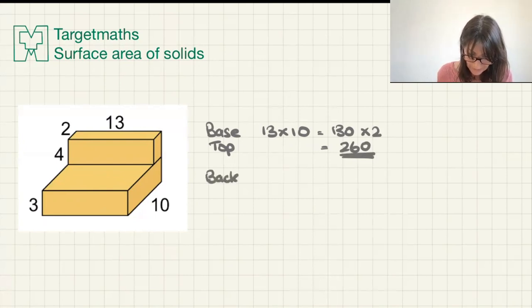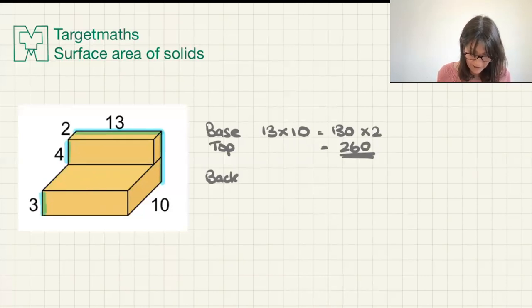I'm now going to look at the back. The back is 13 times this length here. Now that length there doesn't have a number, so that is a problem I'm going to need to sort out. So I'm going to be looking at the diagram to get the numbers I need. The numbers are coming from here and here.